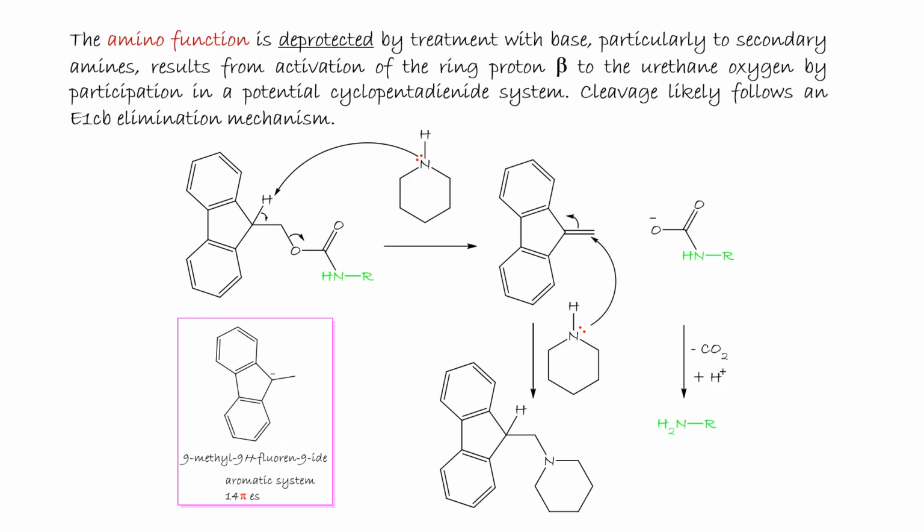In this case, the amino function deprotection is done by treatment with base, particularly secondary amines such as piperidine. This results from activation of the ring proton beta to the urethane oxygen, alpha, beta.